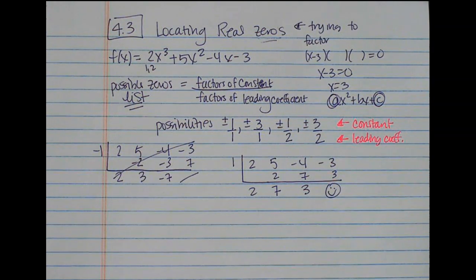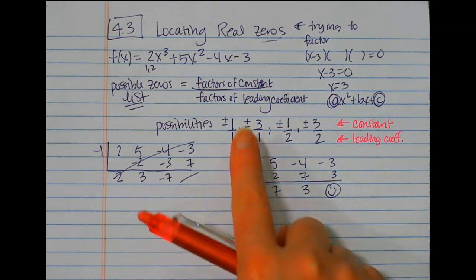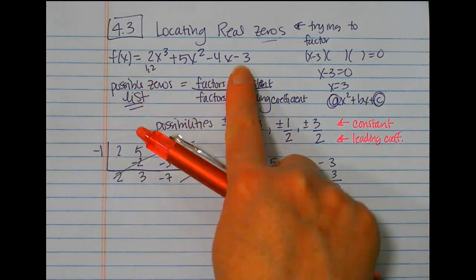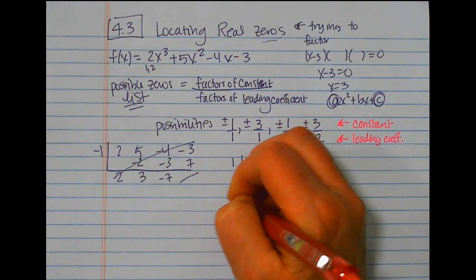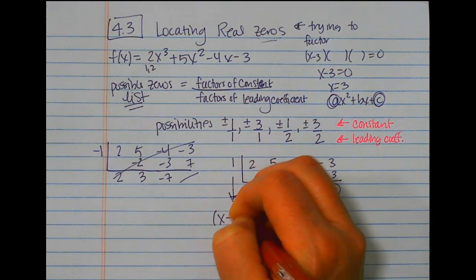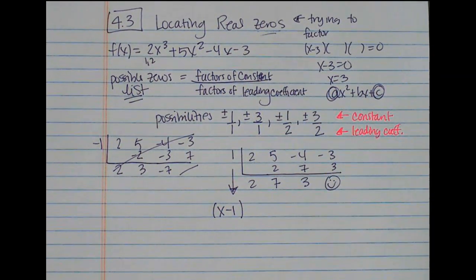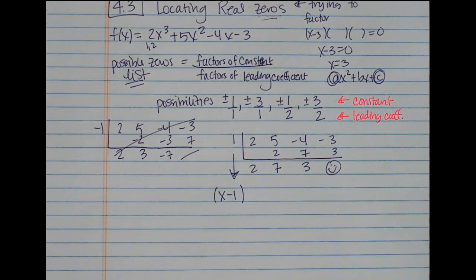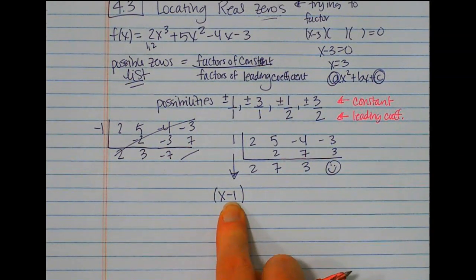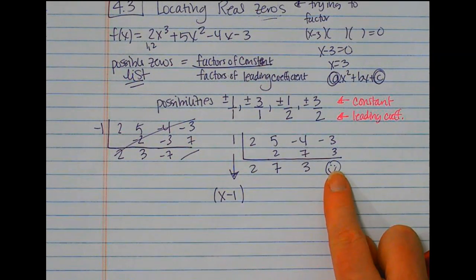Like 5 is a factor of 20 because 5 goes into 20 4 times without remainder. 2 is a factor of 20 because it goes in without remainder. 1 is a factor of this polynomial. In other words, not just 1, but x minus 1. When we write it as a factor, we change the signs. So x minus 1 is a factor of this polynomial because we divided it.